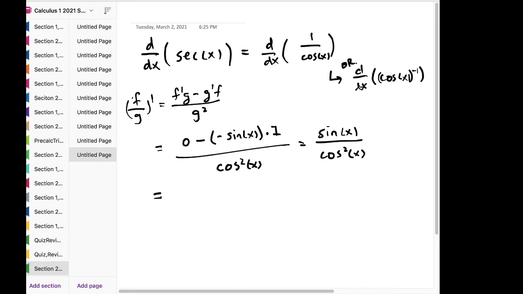I think there would be some extra steps there, but that could be true. The denominator can be 1 minus sine squared, but I think it would delay. But here, let's write it like this, and then maybe you'll see it. Do you see now how you can write this as a product of two trig functions?